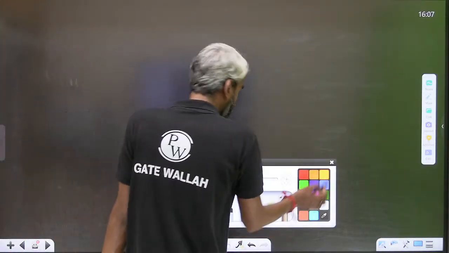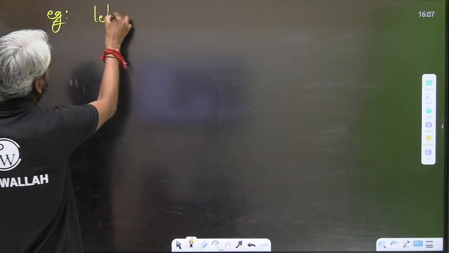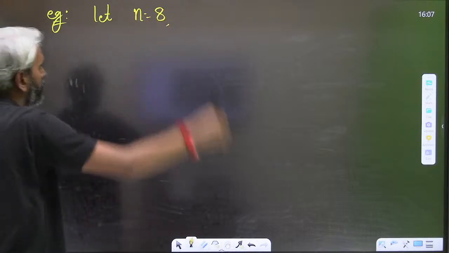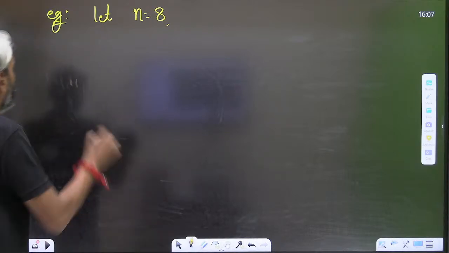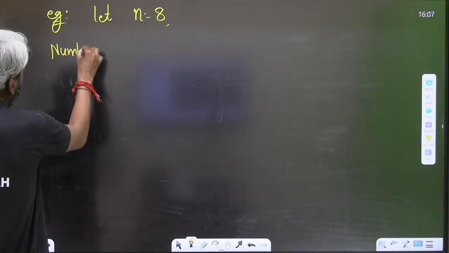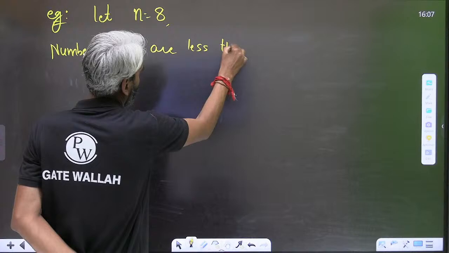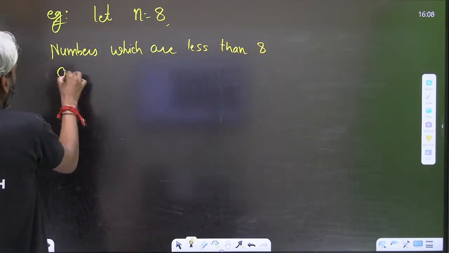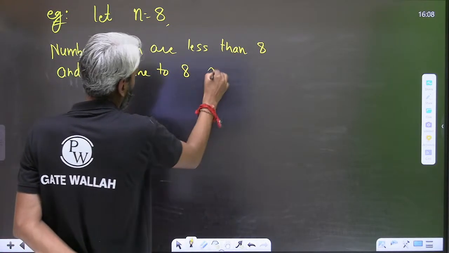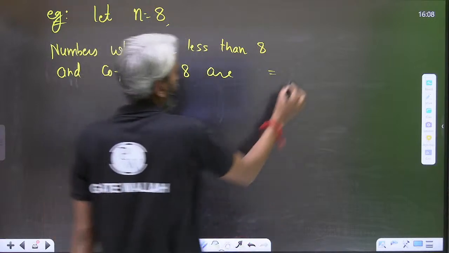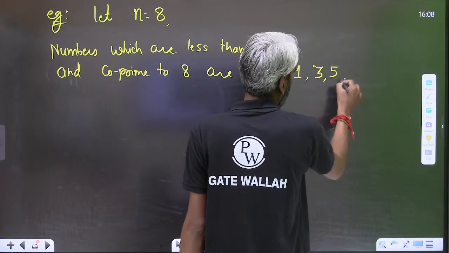Let's take an example. Let n equal 8. What are all the numbers which are less than 8 and co-prime to 8? 1 is co-prime to 8. 2 is not co-prime to 8, because the GCD of 2 and 8 is 2. 3 is co-prime to 8. 5 is co-prime to 8. 7 is co-prime to 8.